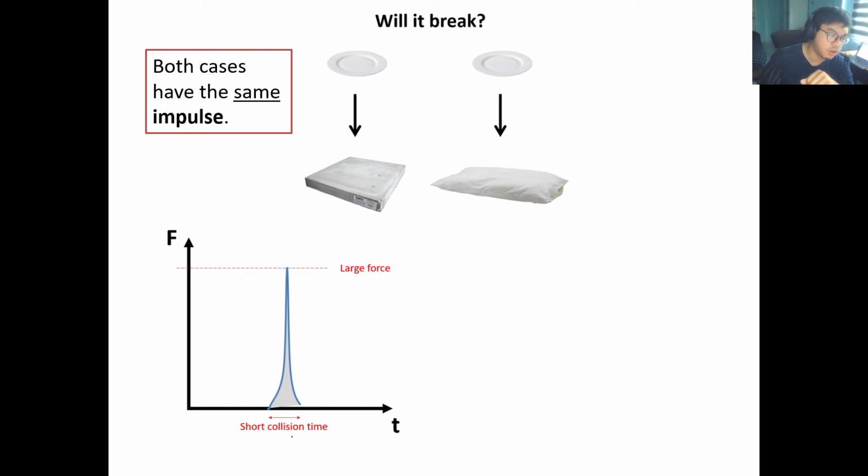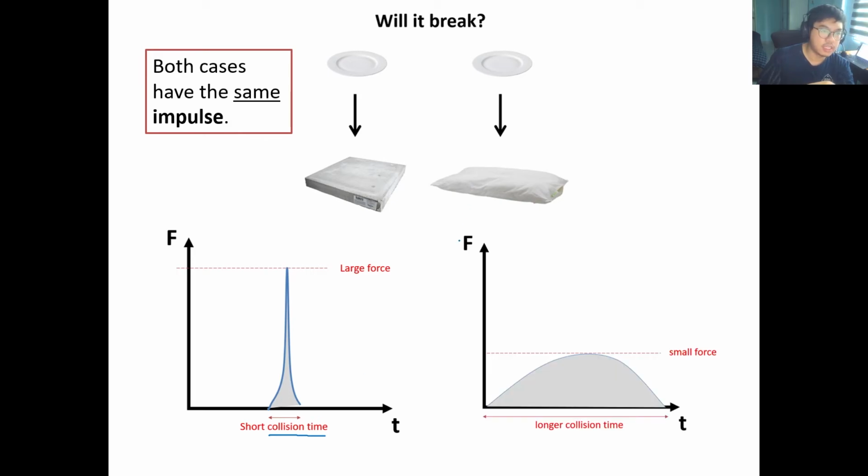So there is a short collision time, and because of that, the force is large. Whereas in the case of the pillow, it takes a longer time for the plate to reach a speed of 0. It takes a longer time for the plate to stop. So it has a longer collision time. And what that's going to do is decrease the force.